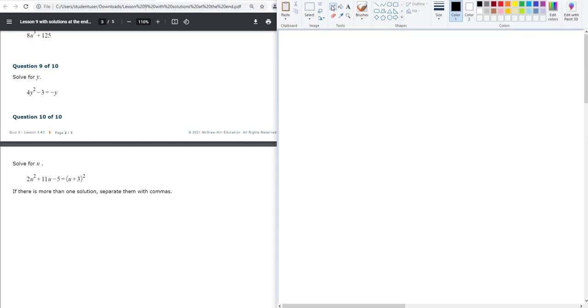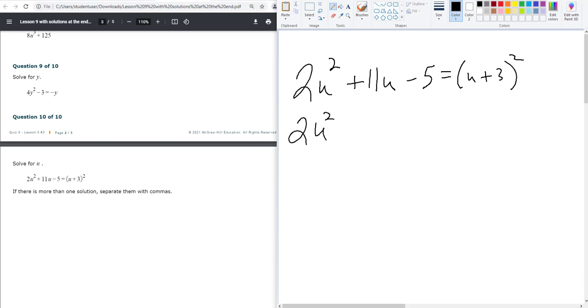And number 12, 2u squared plus 11u minus 5 equals u plus 3 squared. Now remember, the first step is to get this equal to 0 and in standard form. So I need to do my u plus 3 squared first.